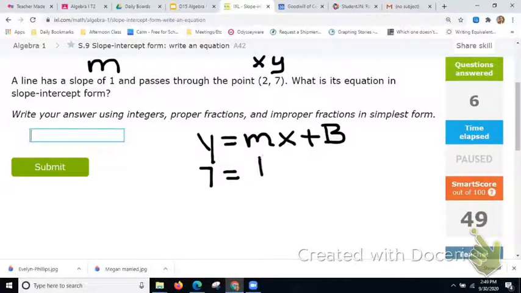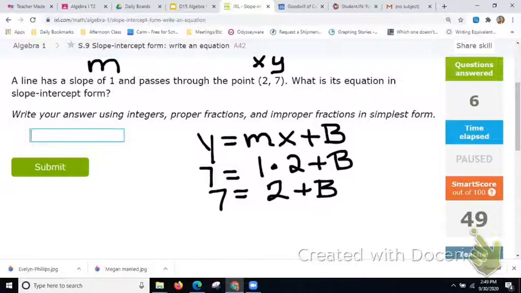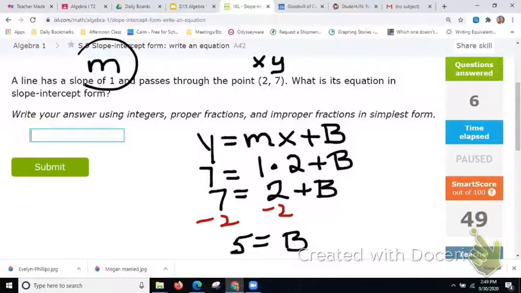M is 1 times 2, because that's x, and then we're going to figure out this b. So 1 times 2 is 2. So 7 equals 2 plus something. Well, 2 plus 5, right? And sure enough, if we solve the equation, we get 5. So 5 is b. Now we know m, and we know b.